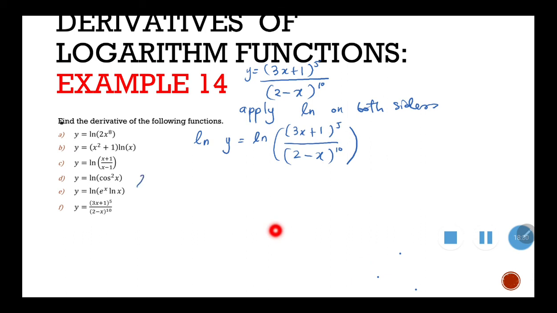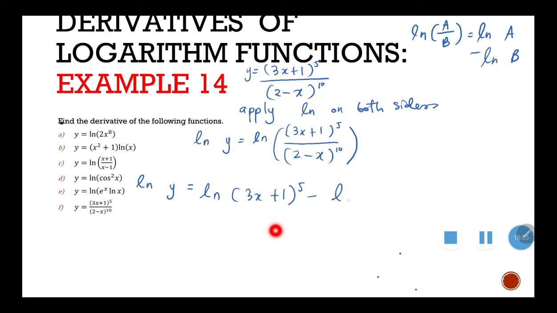First we can rearrange it like this. Remember class, ln a over b is equal to ln a minus ln b. So this can be applied here. So it should be ln (3x plus 1) to the power of 5 minus ln (2 minus x) to the power of 10.